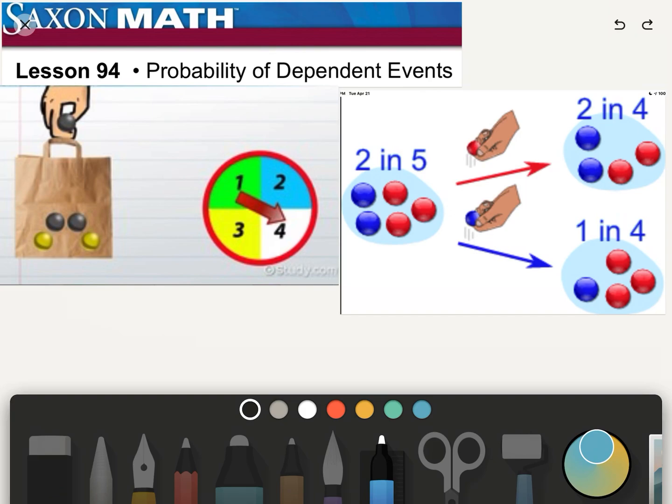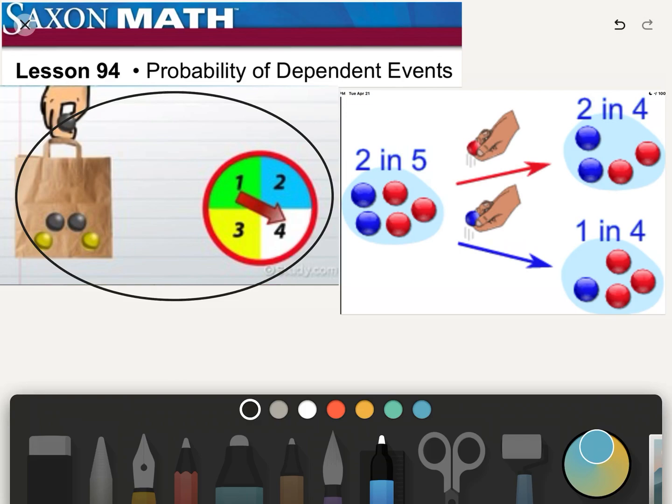In this first example, it's two different things that are both happening, but they don't affect each other in any other way than the chances of both of these things happening at the same time.